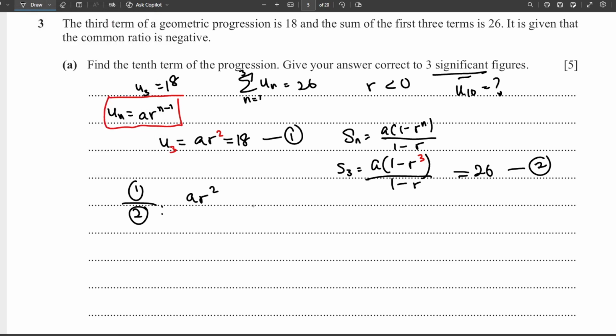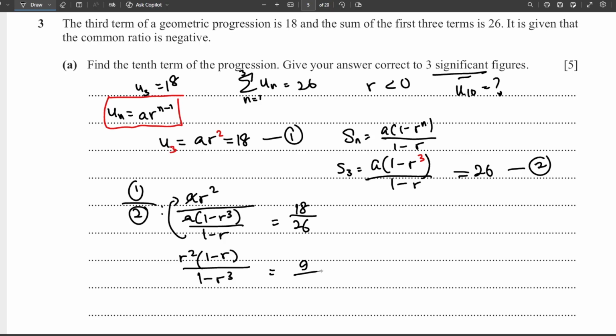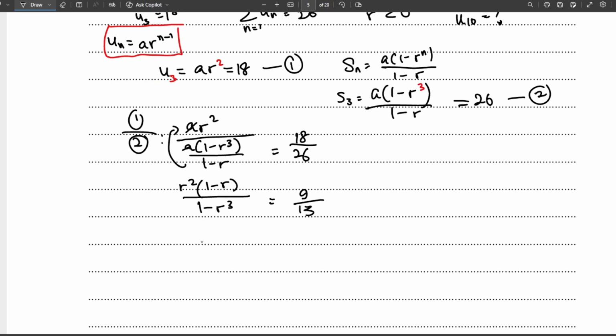On the left hand side, we have this, and on the right hand side is just the constants dividing each other, 18 divided by 26. A can cancel, this 1 minus r, I bring it up here. So I will have r squared times 1 minus r over 1 minus r cubed. Then this I simplify to 9 over 13. And simplifying this, you should be able to get a cubic equation in terms of r.